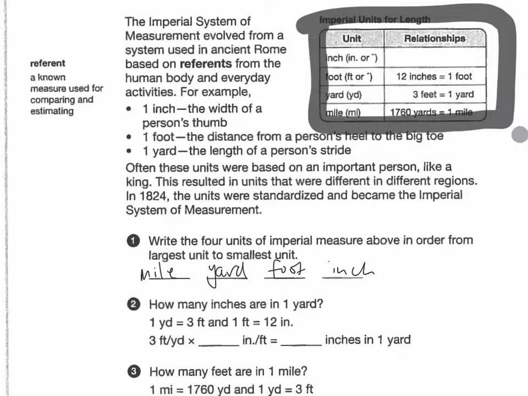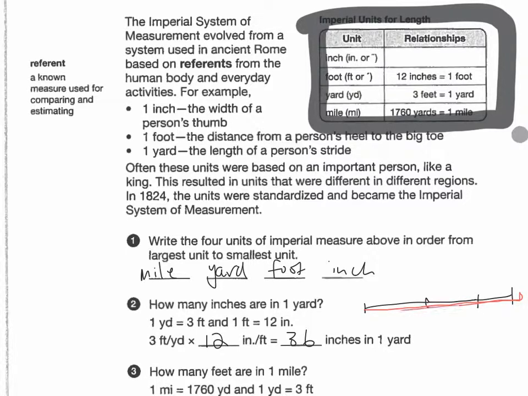How many inches are in 1 yard? Well, we know that 1 yard equals 3 feet and 1 foot equals 12 inches. So 3 feet per yard times 12 inches per foot, we get 36 inches in 1 yard. If you draw out a picture, 1 yard is the total thing here.